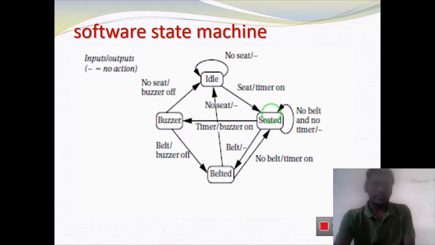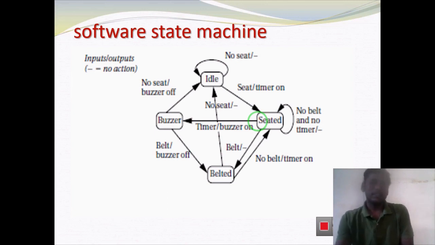If the person is still seated but not belted, the timer will be initiated and send a control signal to the buzzer. Even though the person is seated but not belted, the timer counts up to 10 seconds or 15 seconds.